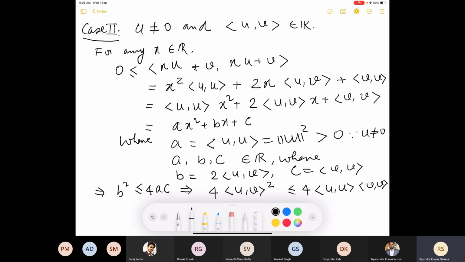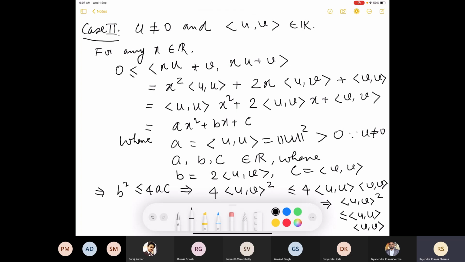Now you can divide by 4 both sides, so what you get here is that (u, v) squared is less or equal to (u, u) into (v, v). Now (u, v) is a real number and its square is positive. So this is the same as the square of the modulus.